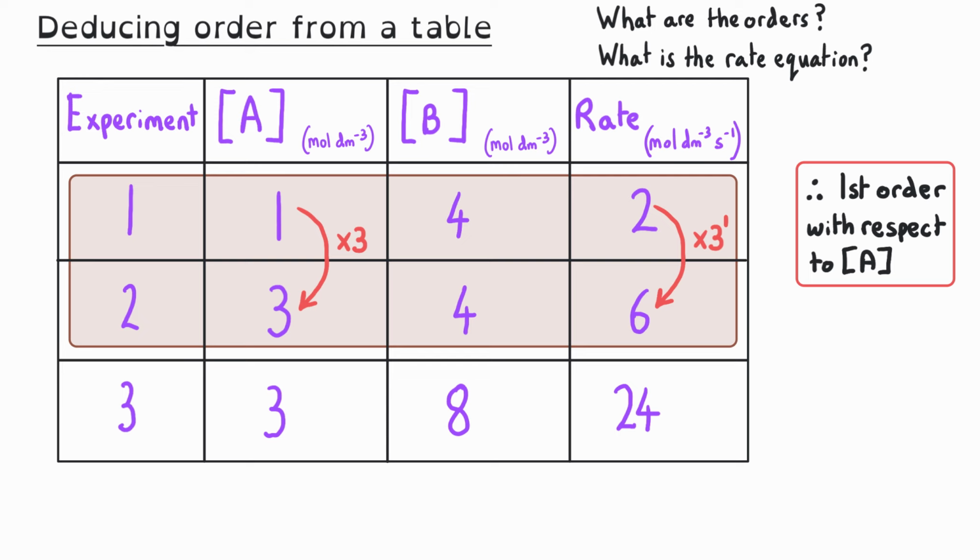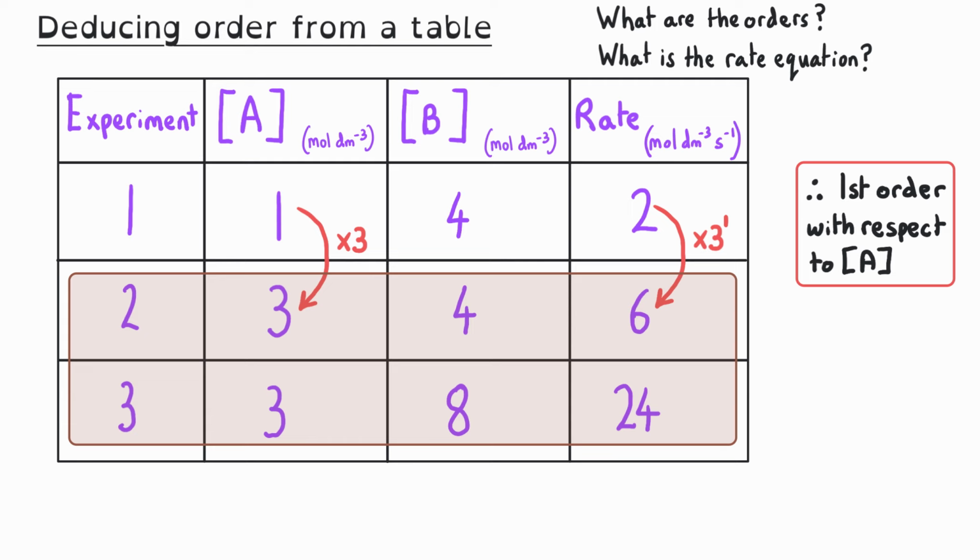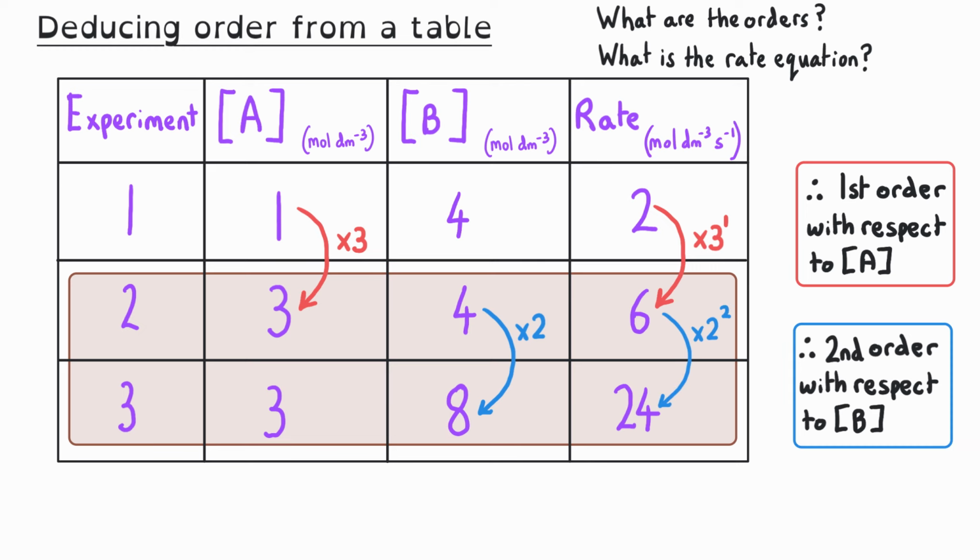And then if we compare experiments 2 and 3, we can see that the concentration of A is the same in both experiments, and the concentration of B has been doubled. And that means that the fact that this rate of reaction is changing is only down to how we've changed the concentration of B. And in fact, the rate of reaction has got 4 times larger, even though we were only doubling the concentration of B, which means that it must be second order with respect to B, because the rate of reaction has been multiplied by 2 squared.